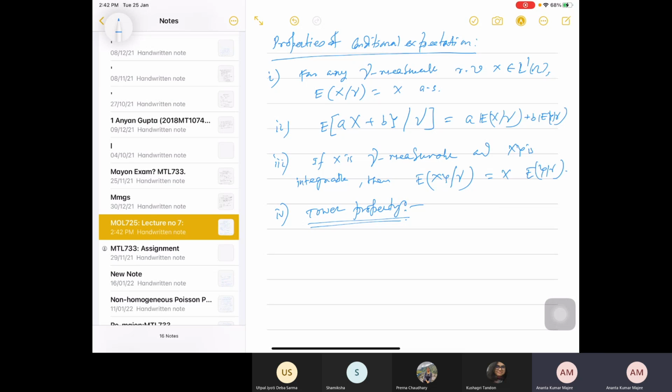So what I am saying is the following: for G, which is a subset of nu, both sigma algebras, the expectation of X given G can be written as the expectation of X given nu, where you consider first nu, the bigger sigma algebra, and then take the conditional expectation with respect to G.